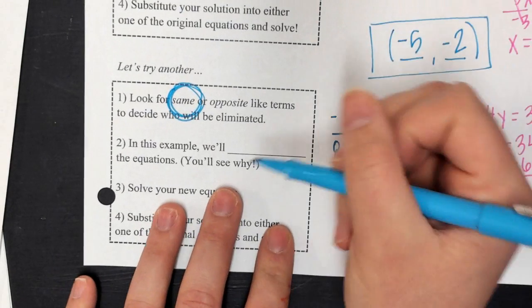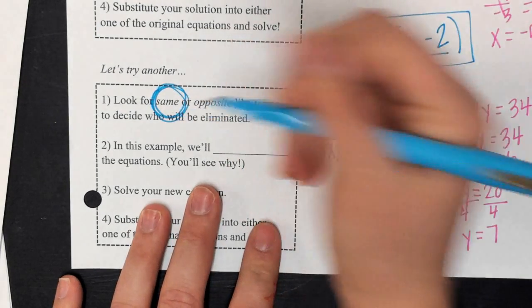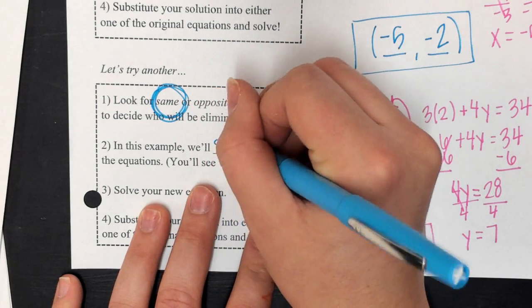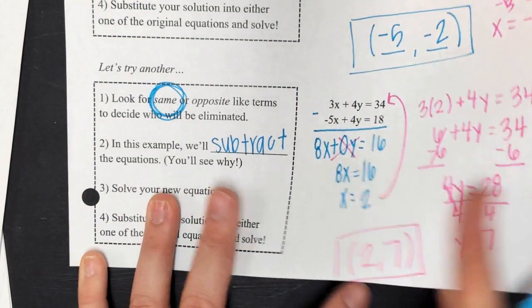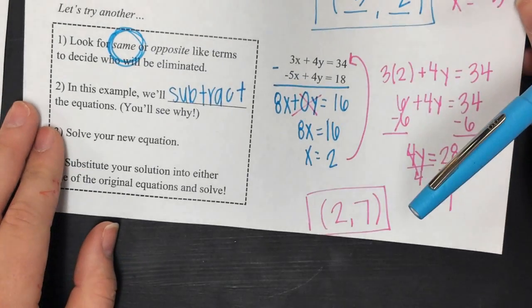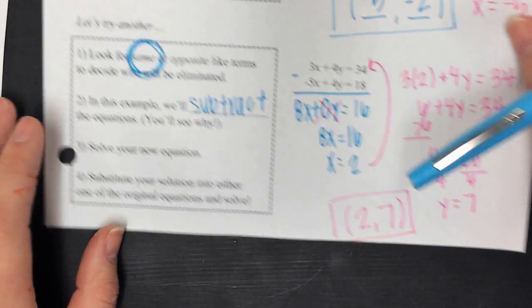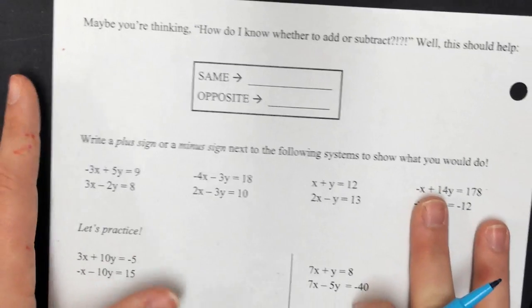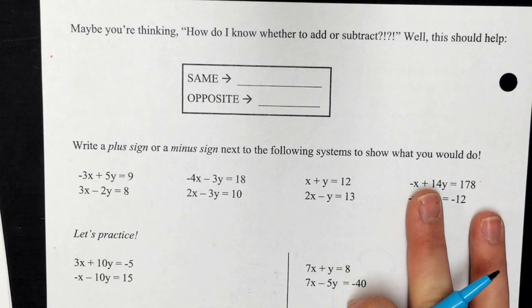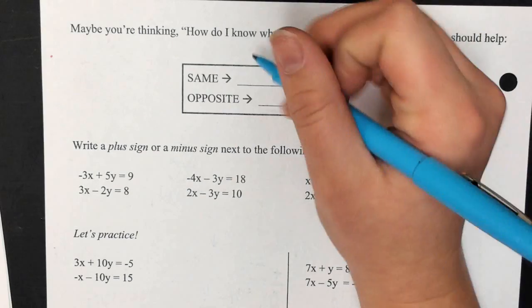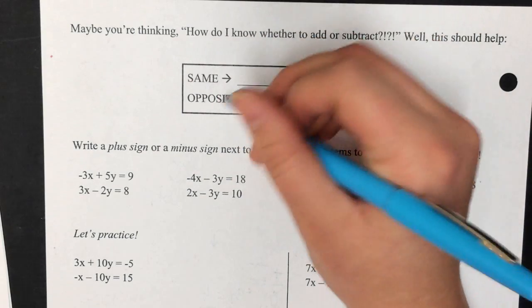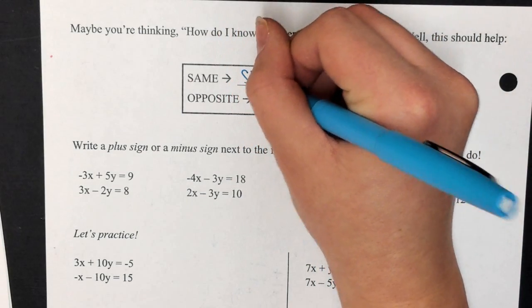So for this one, if you want to fill in this blank, when you have these same, you subtract. Same, you subtract. Alright, so in this box at the top, this will help you remember when to add or subtract. Same, S and S, same, you subtract.